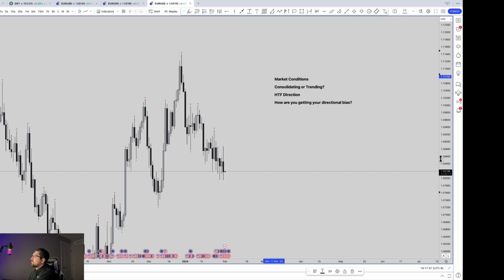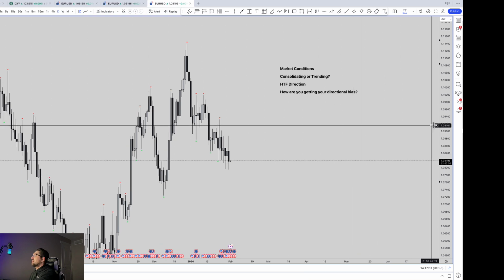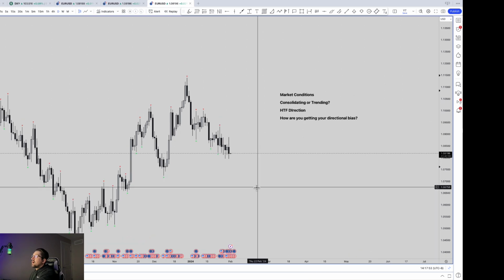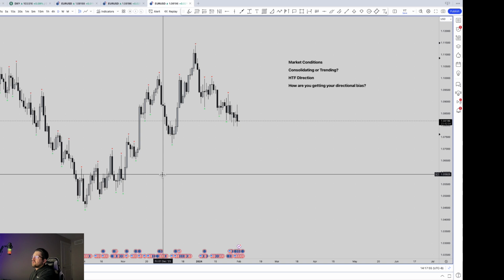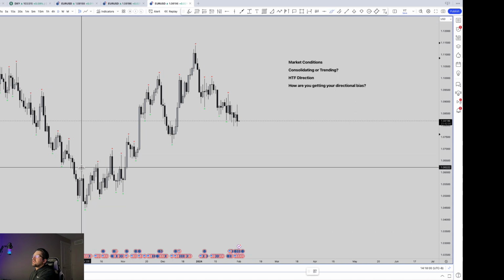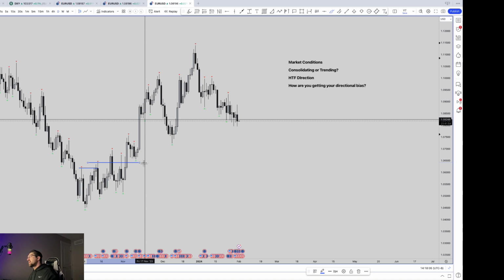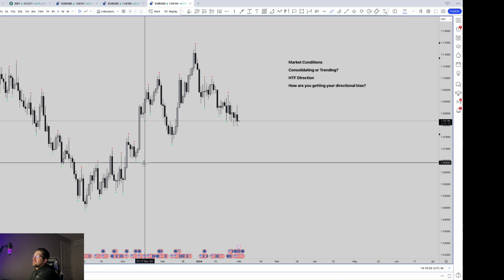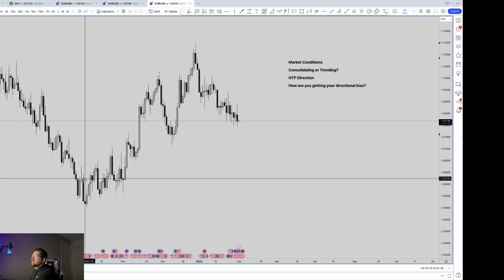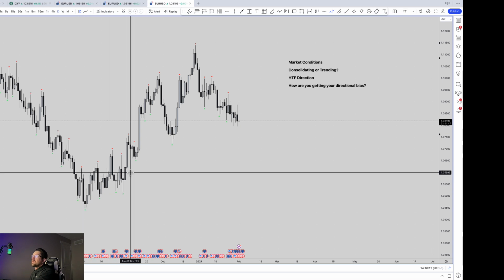For directional bias, there's a couple ways of doing it. So for me, I have a rule that I need either 2 breaks or 2 respects of higher time frame liquidity. So if I get 1 break, 2 breaks, that makes me bullish. Now, the other way I could do it is if I have 2 respects of higher time frame liquidities without breaks.